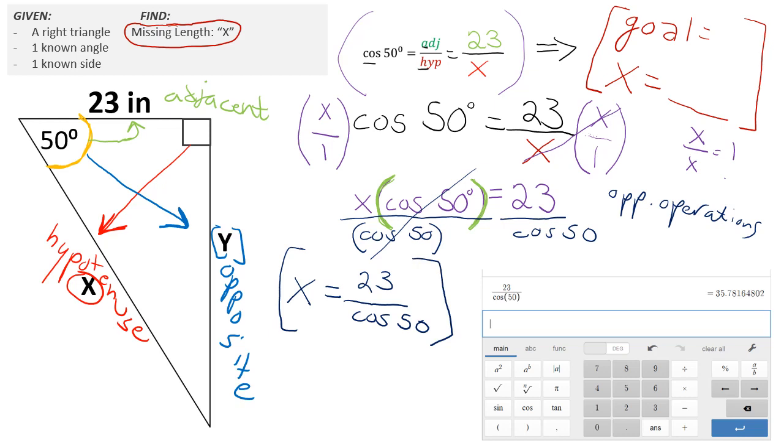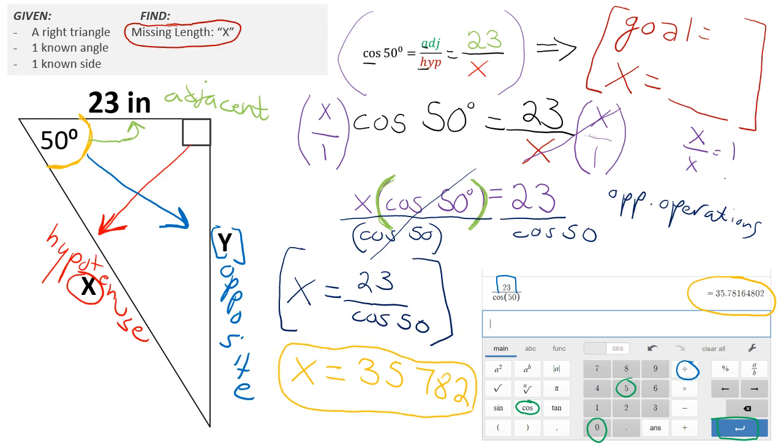Well, I did it for us right here. So type in 23 divided by, and then type in your cos 50, and then press enter. And you get this number right over here. And you can go ahead and round that to, let's say, 35.782.